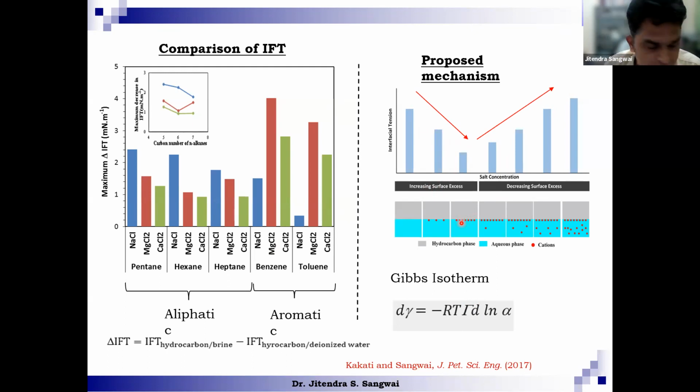However, as we increase the salt concentration further, the cations start dislodging from the interface, and therefore the interfacial tension between the oil and water, where oil means pentane, hexane, benzene, or toluene, starts increasing. So this is a simple mechanism that we have proposed related to the Gibbs isotherm.